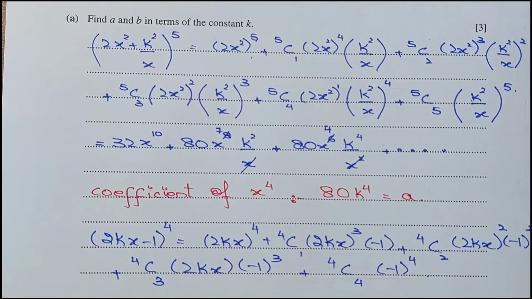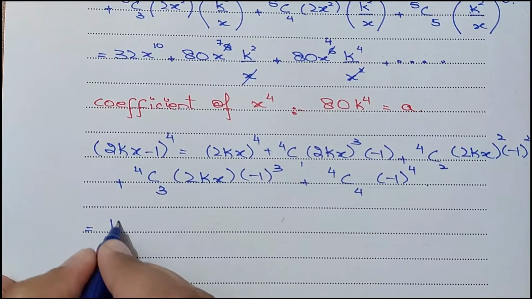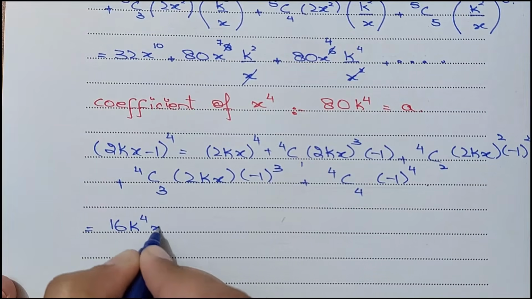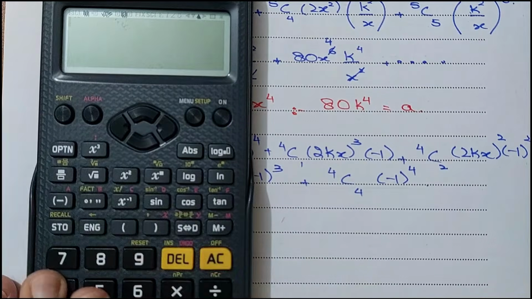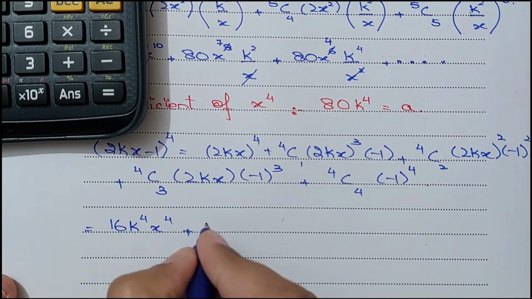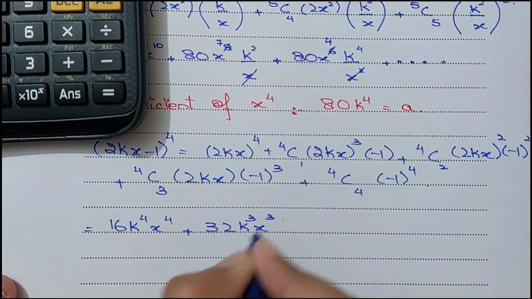Simplified further, 2 power 4 is 16, k power 4, x power 4. What is 4c1? 4c1 is 4 times 2 cube, which is 8, which is 32. So we have 32 k cube x cube with a negative sign.